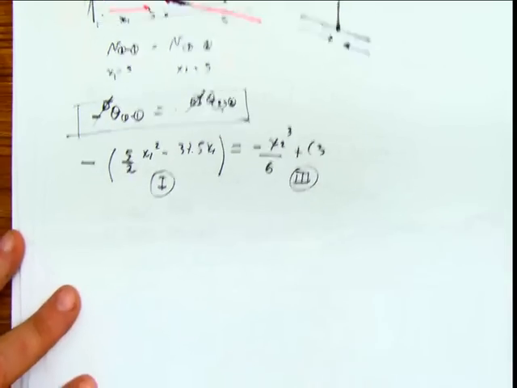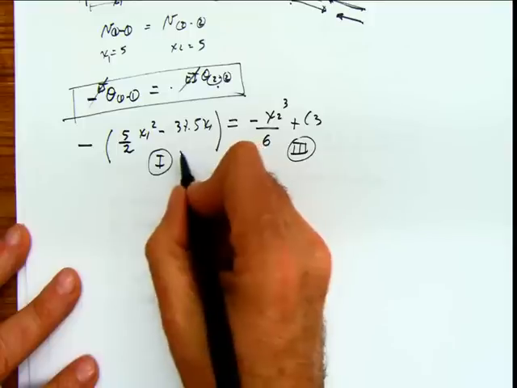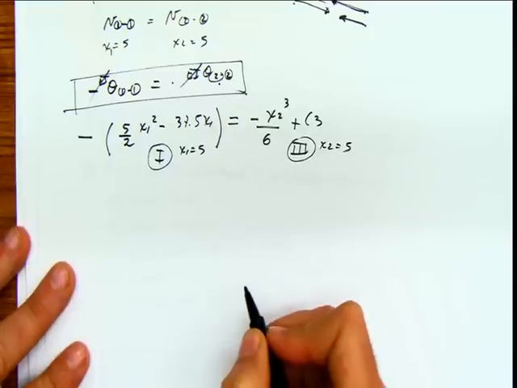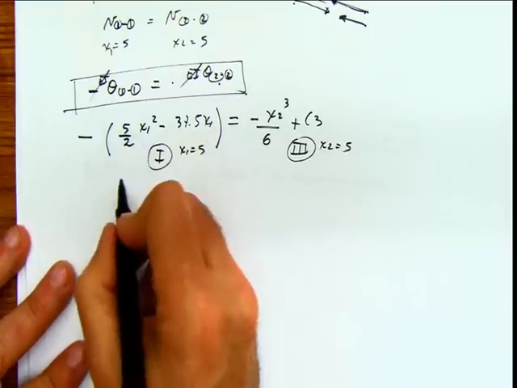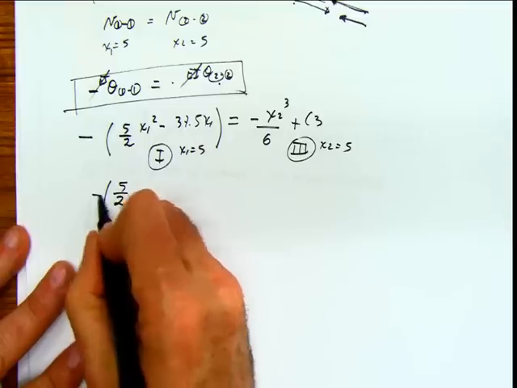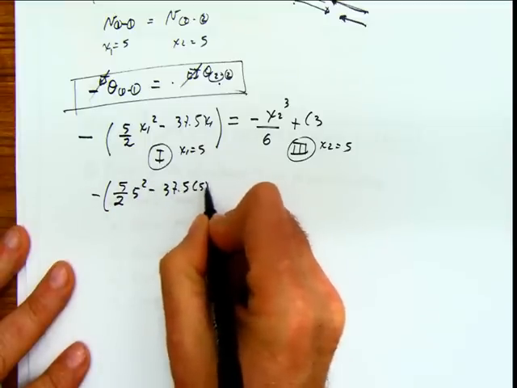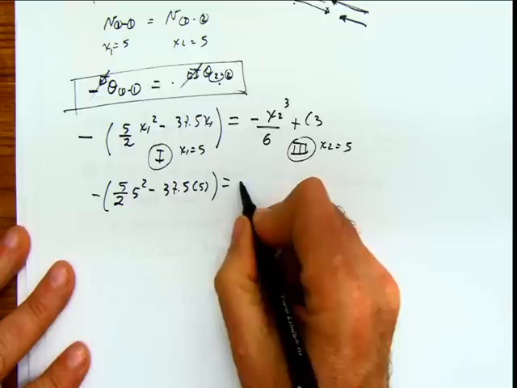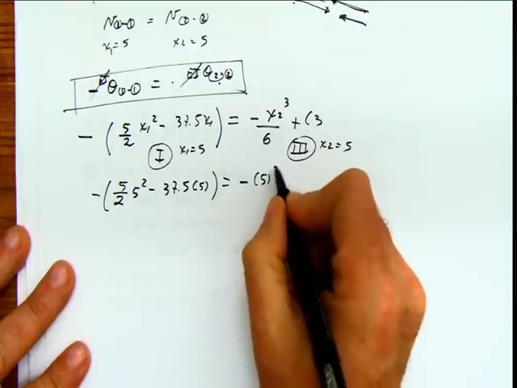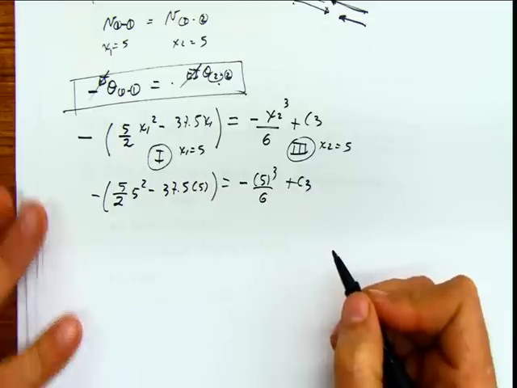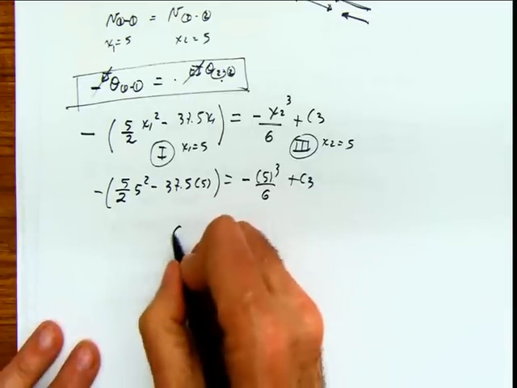Now once we have that, we can solve for x1 equals 5 and for x2 equals 5. Negative 5 half times 5 squared minus 37.5 multiplied by 5 has to be equal to negative 5 to the third divided by 6 plus c3. And then from here I can solve for c3.